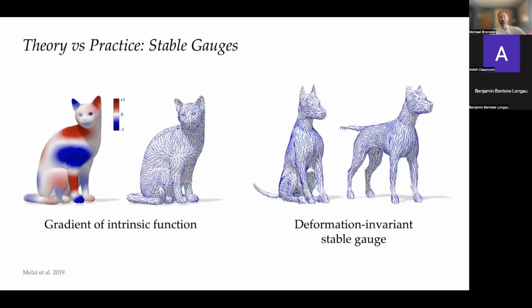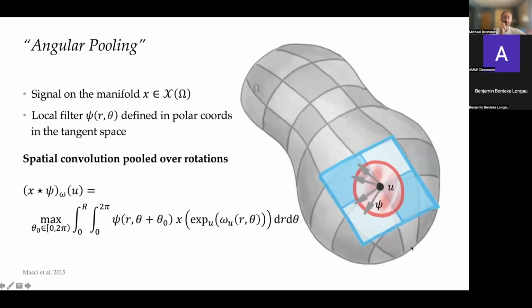Okay, so the first thing is, let's try to fix a gauge. There are actually techniques for how to do it. You can take, for example, an intrinsic function and compute an intrinsic gradient of it. We'll talk about it in a second. And this gives you a set of vectors that are smooth, but they can also vanish in a few points. So if you are happy with the vectors vanishing at a few points, then this is a valid solution.